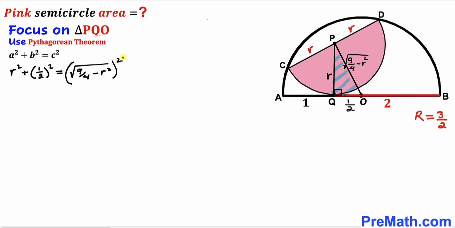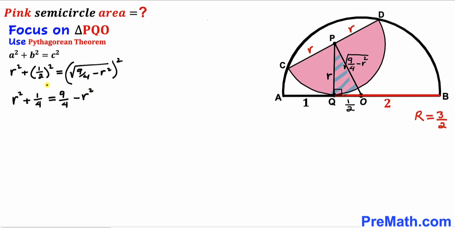And here we can see this square and square root undo each other.